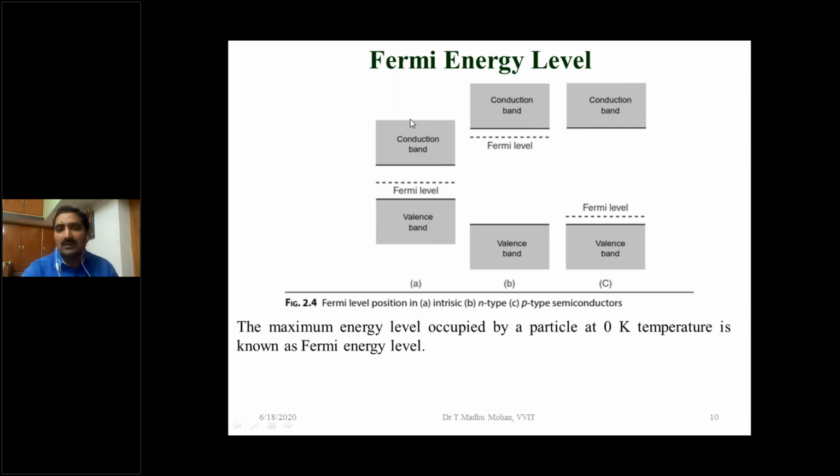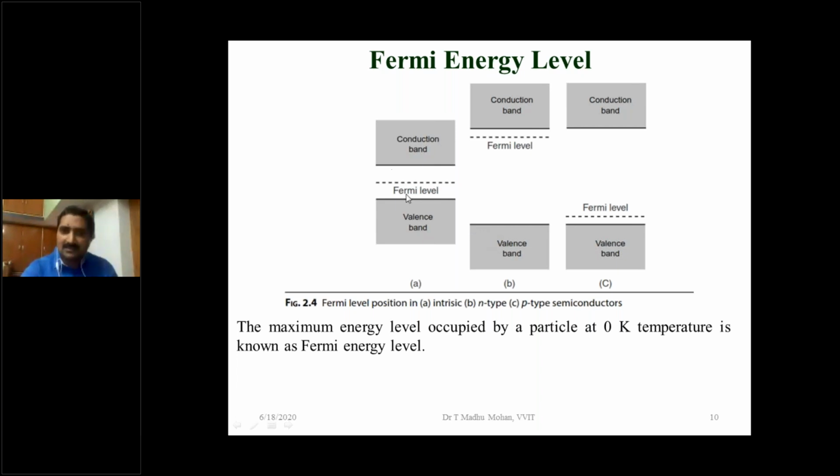This will be proved in the next class. That means that the Fermi level lies exactly at the center of the valency band and conduction band will be proved in the next class. Next topic, that is carrier concentration in intrinsic semiconductor. Coming to the n-type semiconductor, the majority charge carriers are electrons.